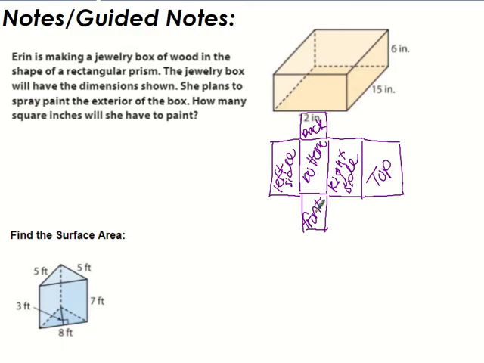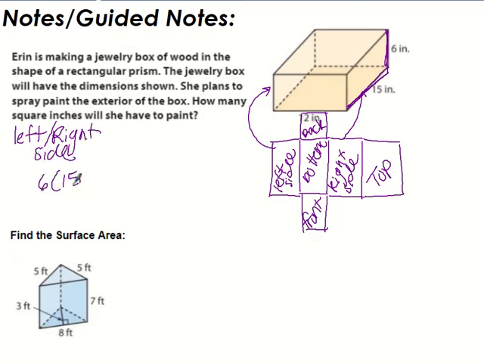So if we look at our measurements, so we've got this by this. That's this right side. This is this side right here. And then the left side is over there. They're the same. So we're going to do 6. So for the left/right side is going to be 6 times 15.